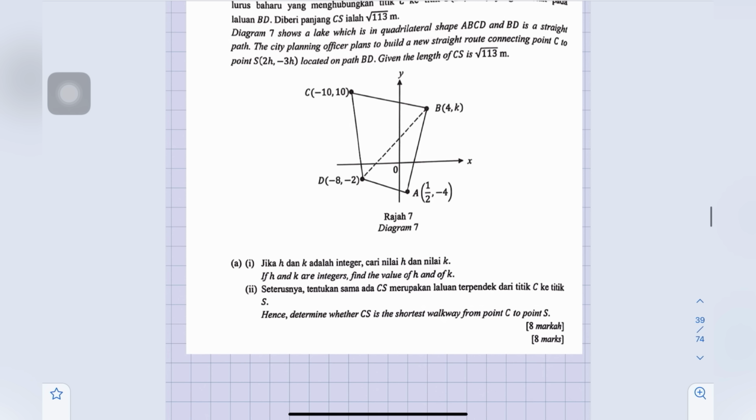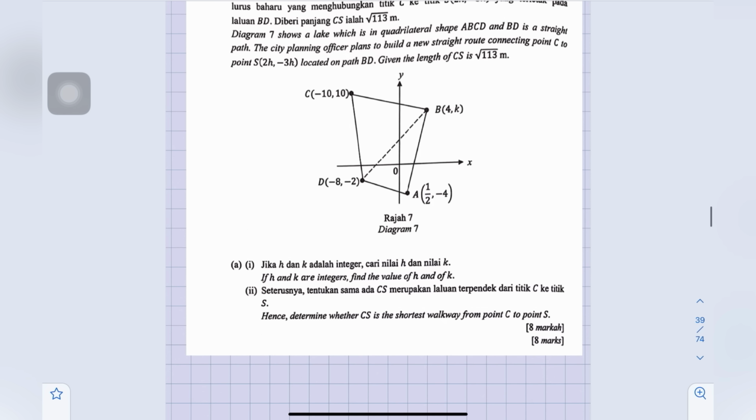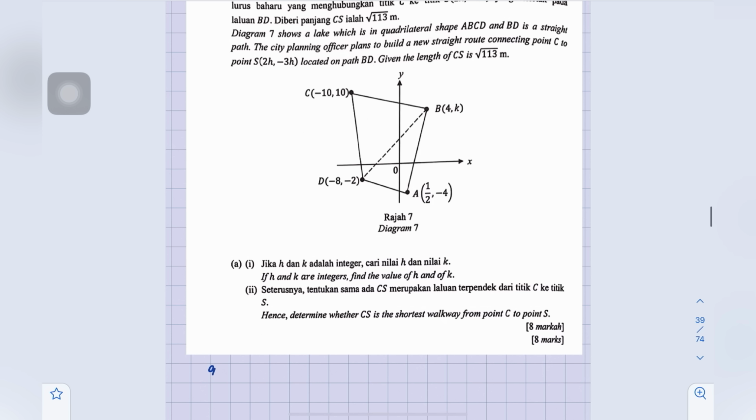Okay, so first of all, given the length of CS is root 113, meaning that the distance CS equals root 113.